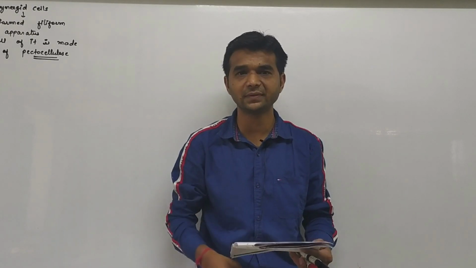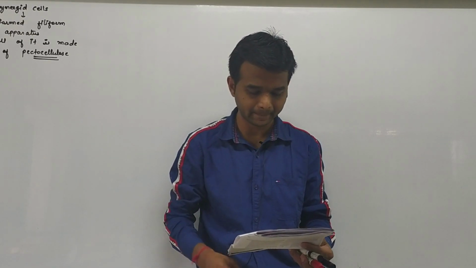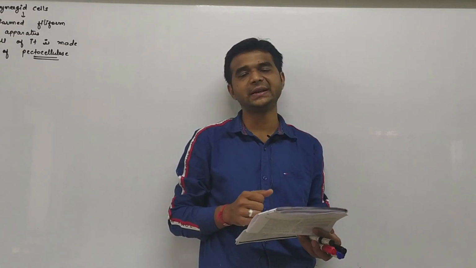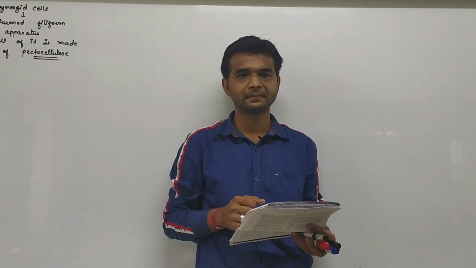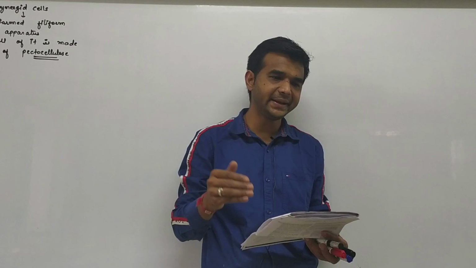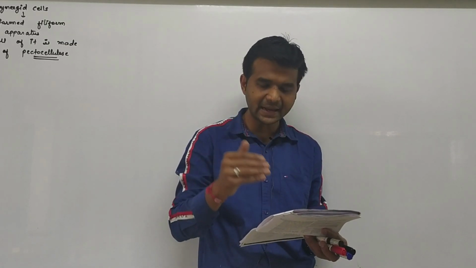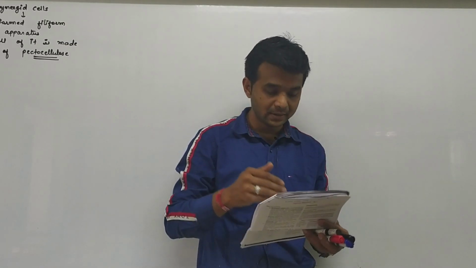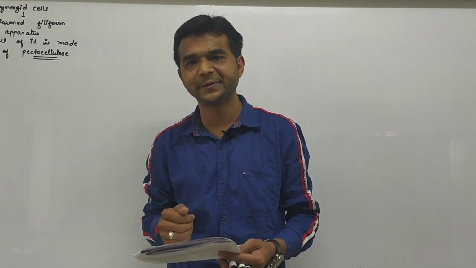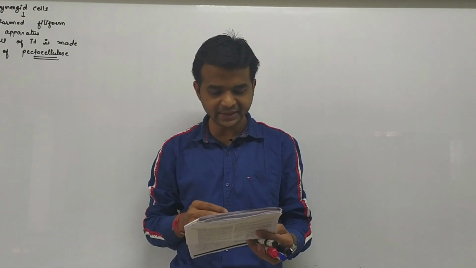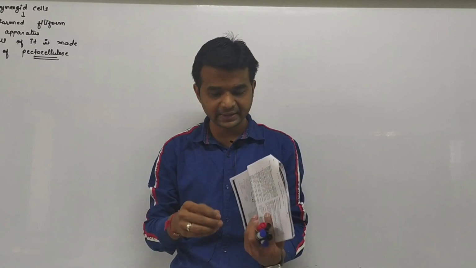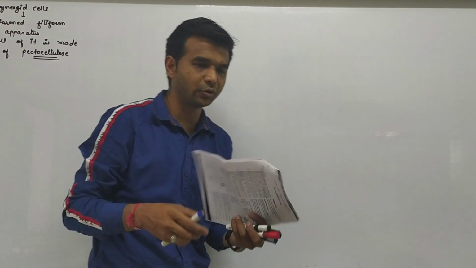Which are the functions of the synergid cells? They attract the pollen tube during fertilization. They provide the way of entry of the pollen tube into the embryo sac, as well as provide nourishment. So synergid cells can form the haustoria.